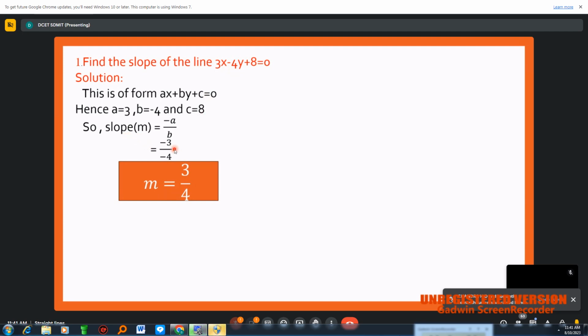Therefore, slope is minus 3 by minus 4. Minus and minus get cancelled. Therefore, slope is 3 by 4. So it is clear. Shall we move on to the next slide?